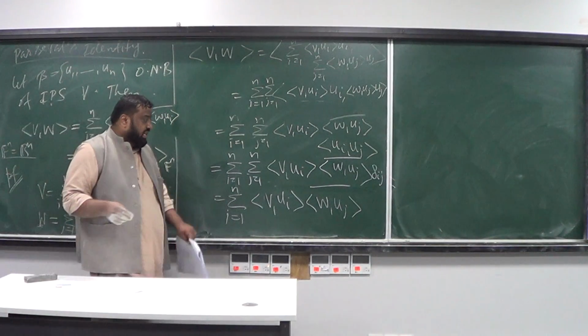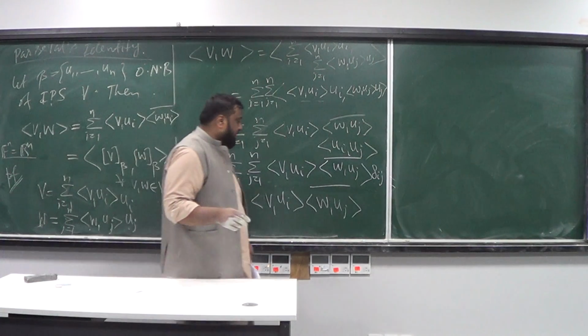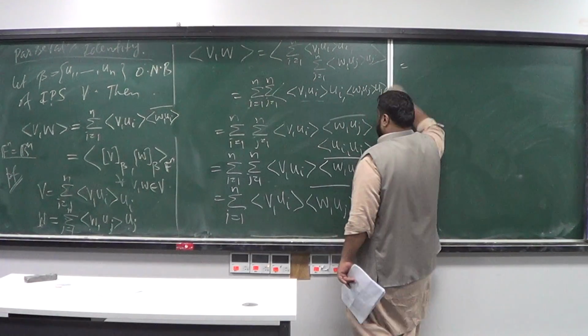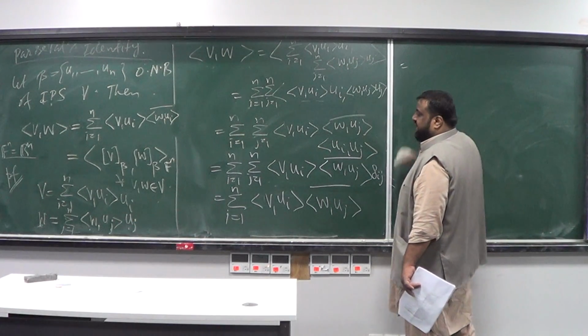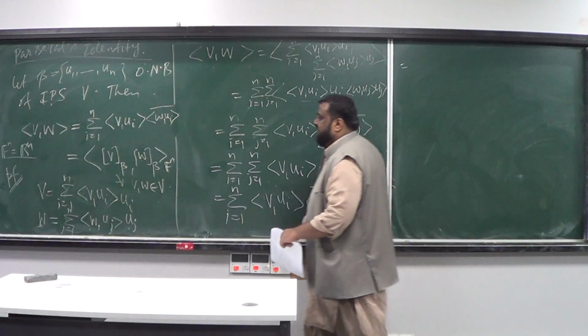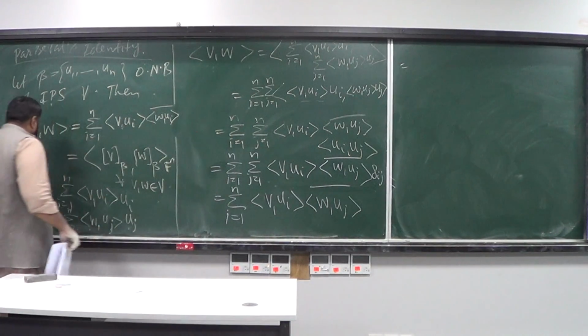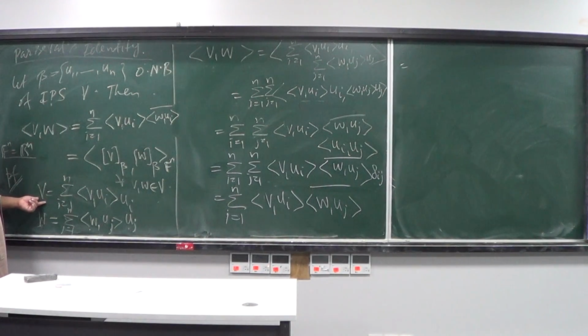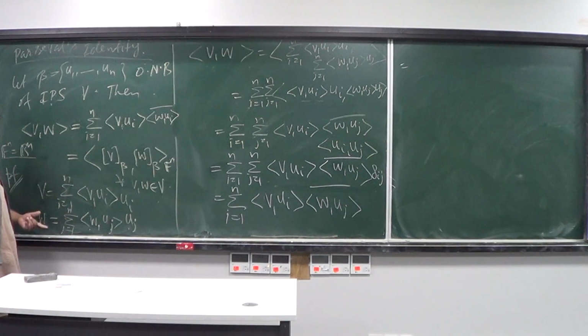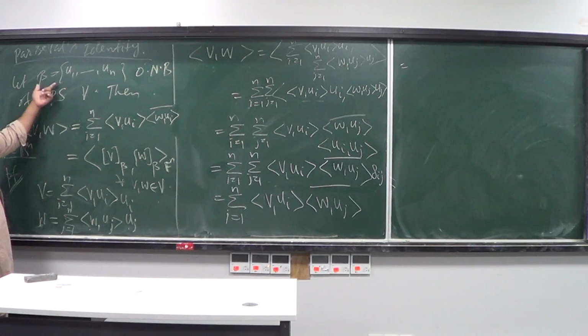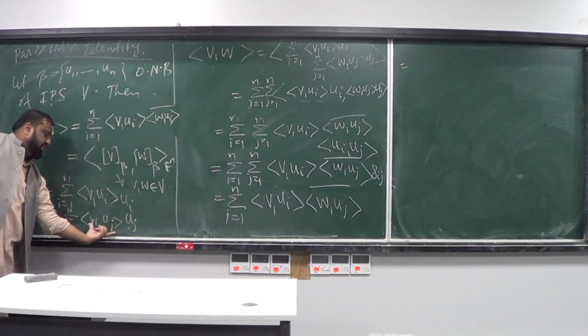Okay. And what is ⟨v, ui⟩? By the definition, if you compute the coordinates of v with respect to the basis beta, the coordinate vector is going to be this. And if you compute the coordinate vector of w with respect to the basis beta, it's going to be this coordinate vector.